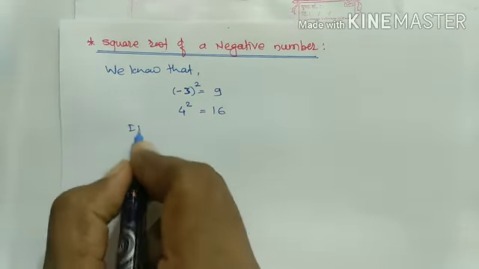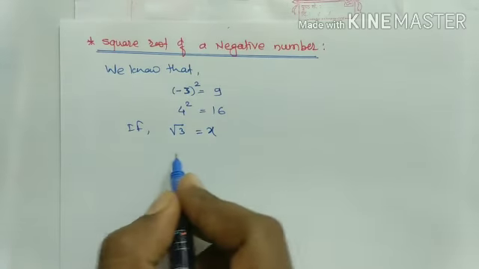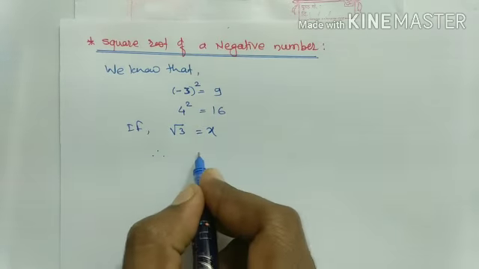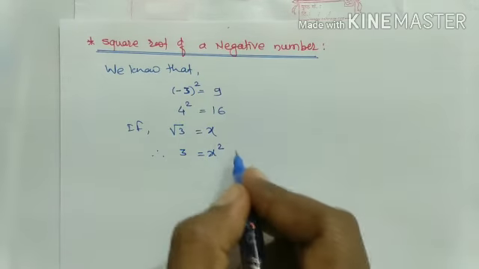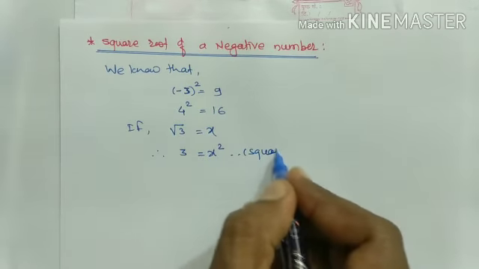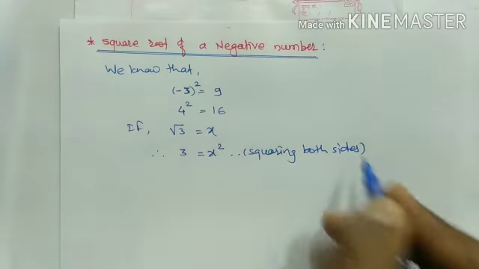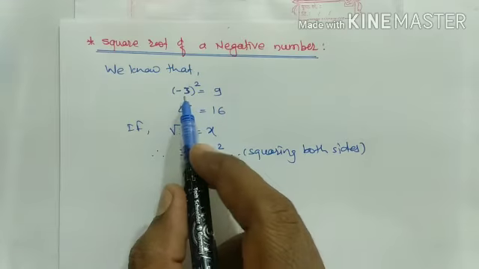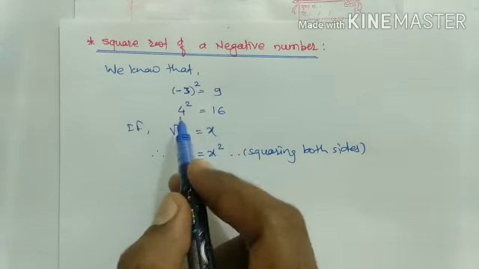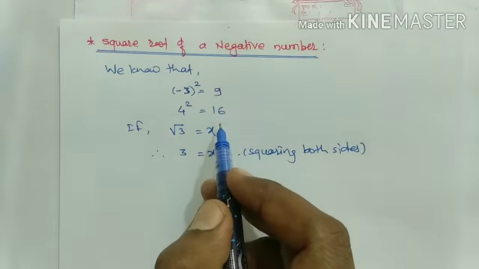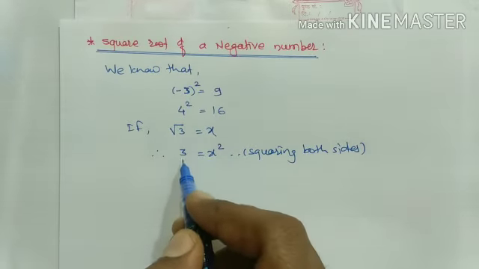If root 3 equals x, then x square equals 3, that is squaring both sides. Now the square of a negative number is a positive real number. Square of a positive number is also positive. Here the square of root 3 is also positive.